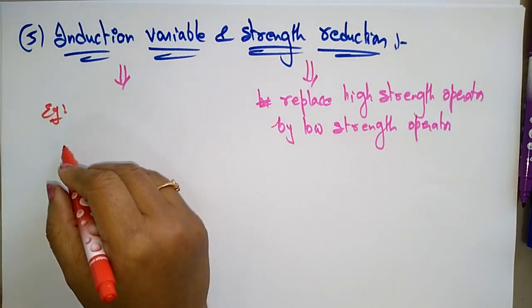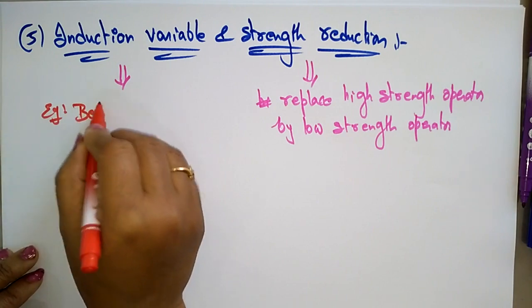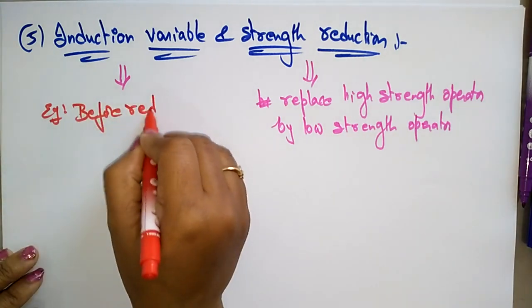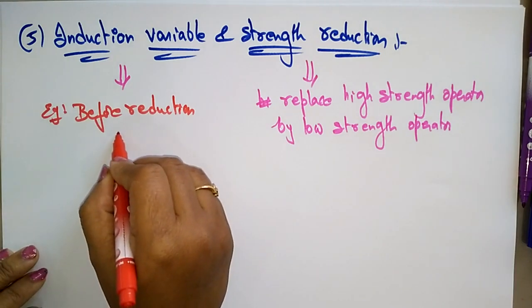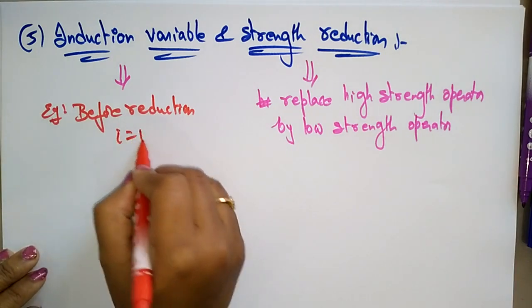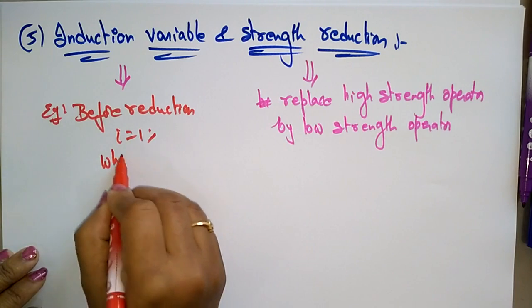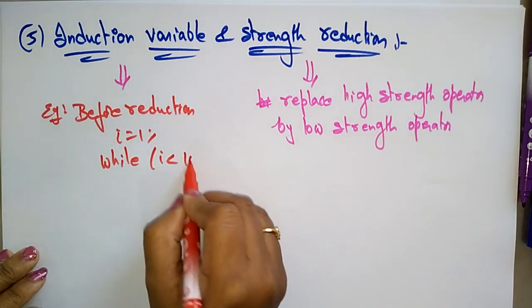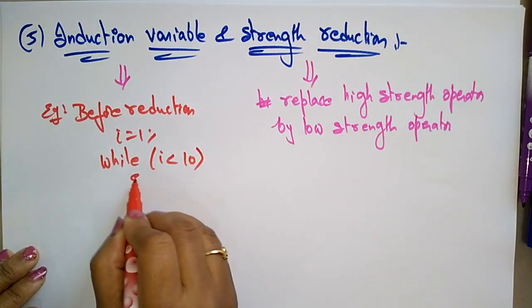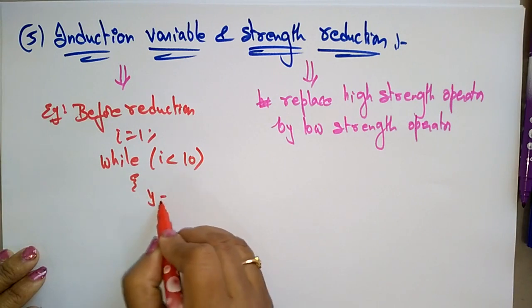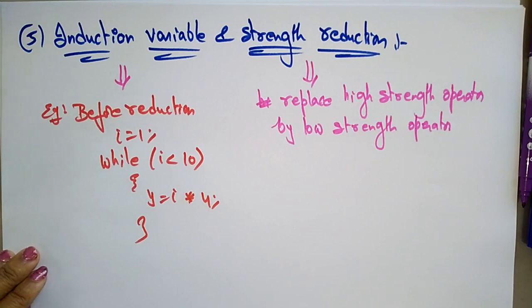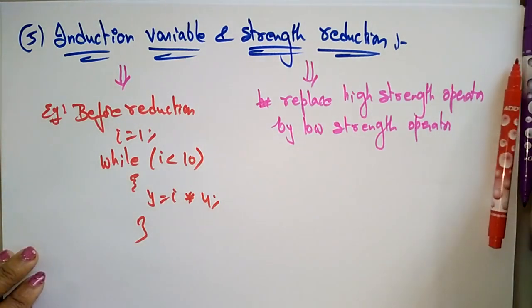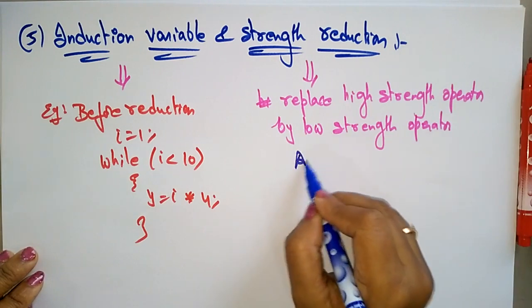Before reduction, the code is, let's take i is equal to 1, while i less than 10, enter into the loop, y is equal to i into 4. Okay, so let's take this as an equation. Now let's see what the code will be after reduction.